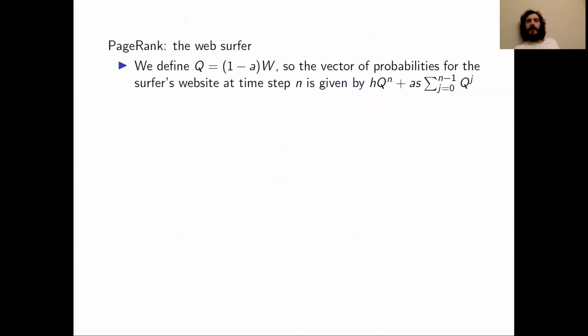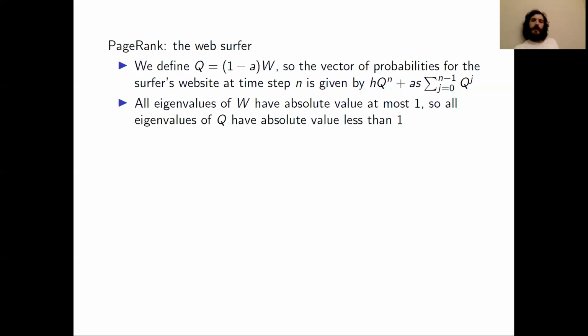Now we can look at that left term, H times Q to the n, and see what happens with it as n goes to infinity. We can use the fact that since W is a Markov matrix, all of its eigenvalues have absolute value at most 1. Since Q equals (1 minus A) times W, and A is from the open interval from 0 to 1, we know that all eigenvalues of Q have absolute value less than 1.